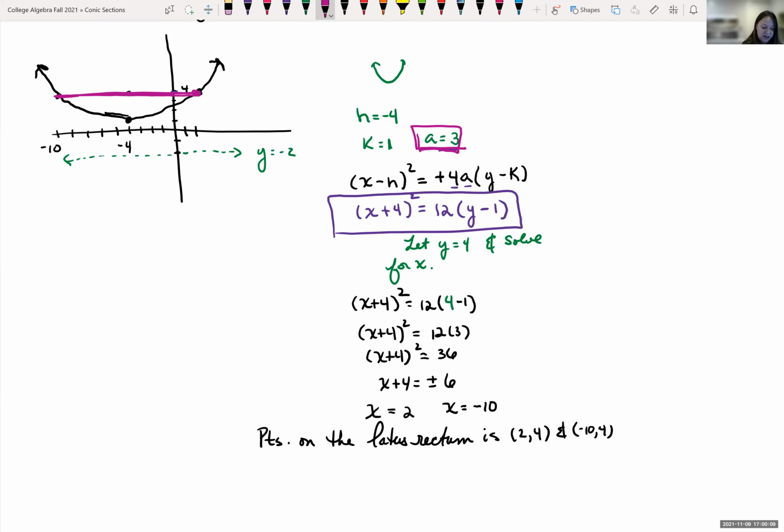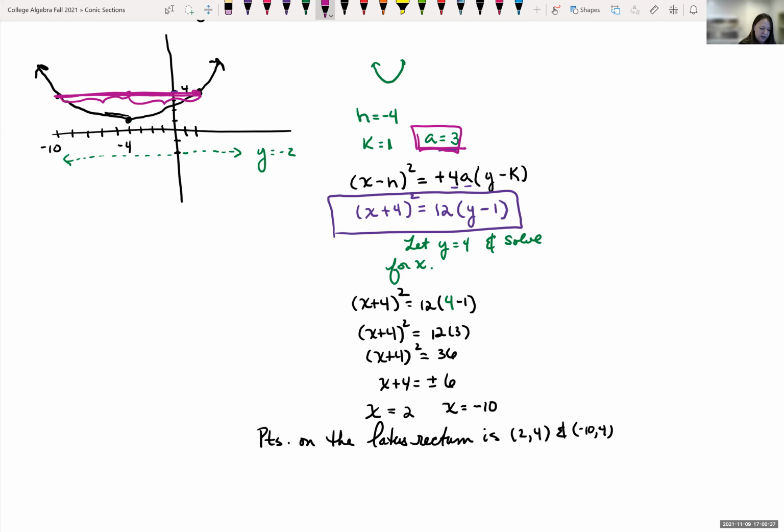And then if I multiply 3 by 4, that length is 12. And then I know that halfway, this is halfway, so I could have added 6 to my x value. -4 plus 6 would have given me 2. And I could have subtracted 6 from my x value. -4 minus 6 would have given me -10. So that's another way we could have approached it to find those 2 points.